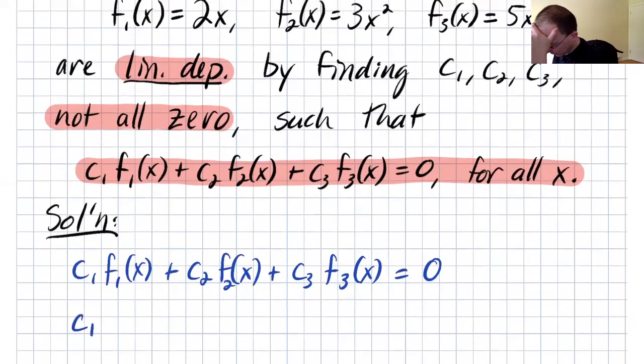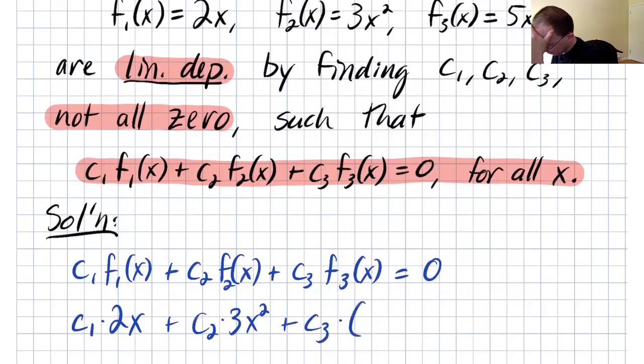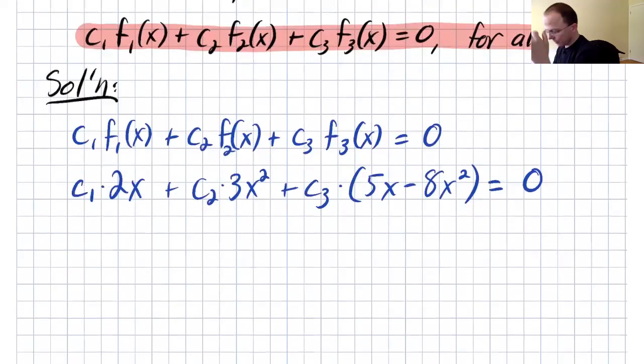So that is C1 times 2x plus C2 times 3x squared plus C3 times 5x minus 8x squared is equal to 0. And this is an equation that's true for all x. We want to see if we can find some non-zero C1, C2, C3 so that this is equal to 0 for all x.